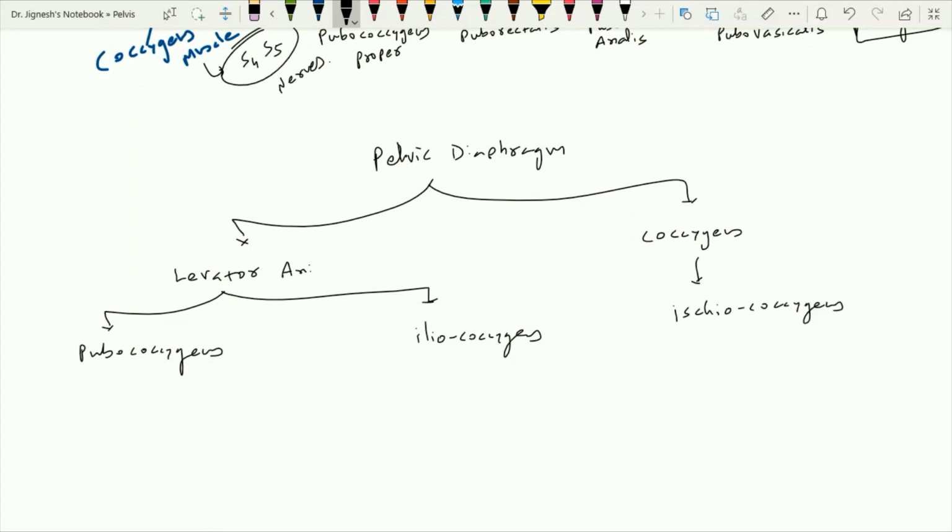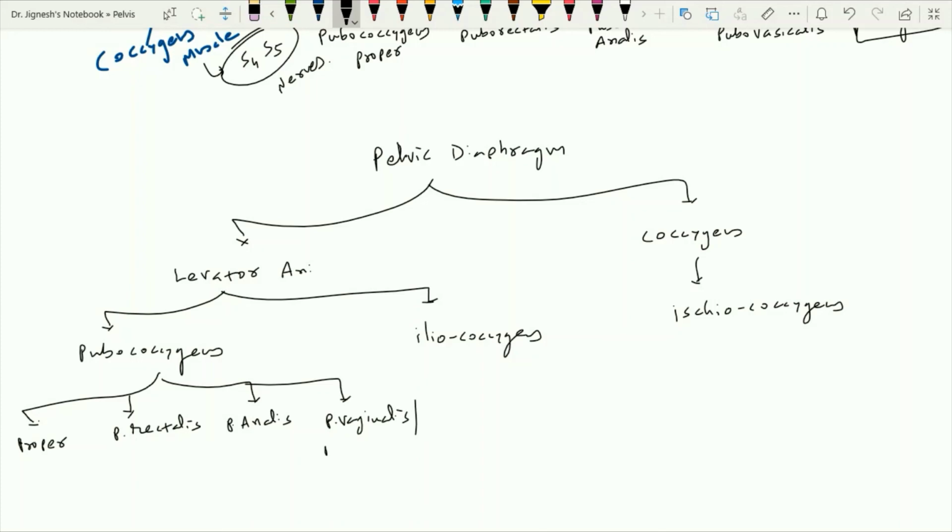The pubococcygeus muscle has four parts: pubococcygeus proper, puborectalis, puboanalis, and pubovaginalis in the female or the pubovesicalis in the male. So these form the pelvic diaphragm.